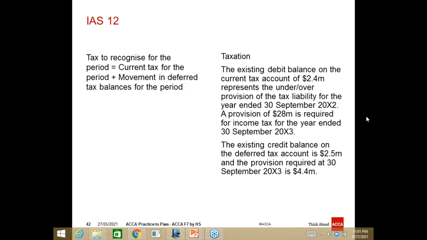If the deferred tax increases, we will credit the tax account and debit the income statement. And if the deferred tax decreases, we debit the tax account and credit the income statement.